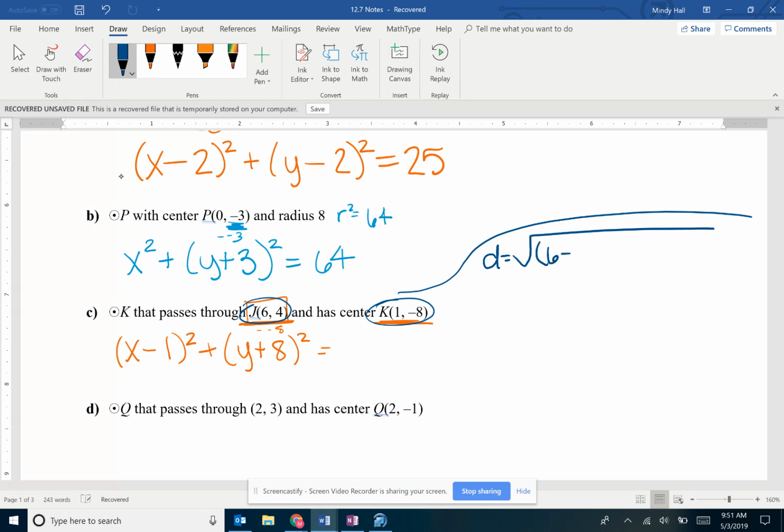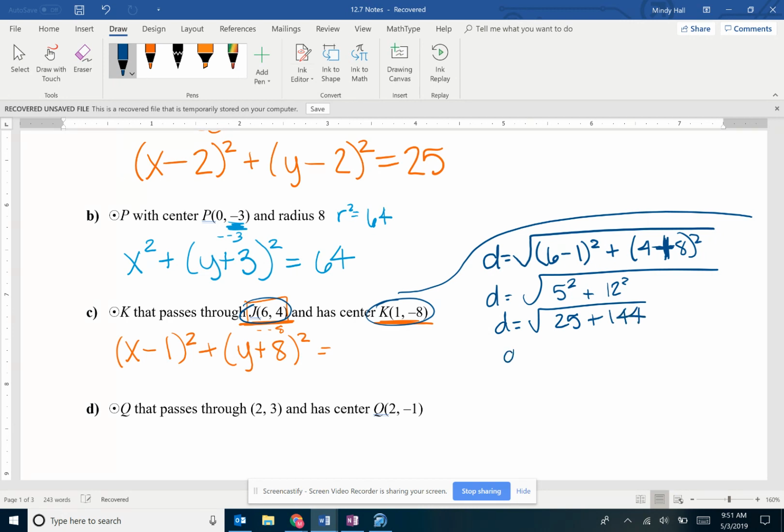So (6 - 1)^2 + (4 - -8)^2, which would just be a big fat positive. 6 minus 1 is 5, and 4 plus 8 is 12. So we have the square root of 25 plus 144, which is the square root of 169, and the distance would be 13.